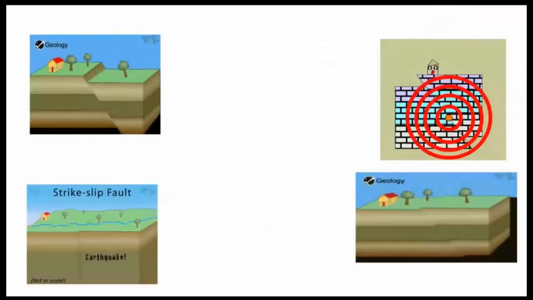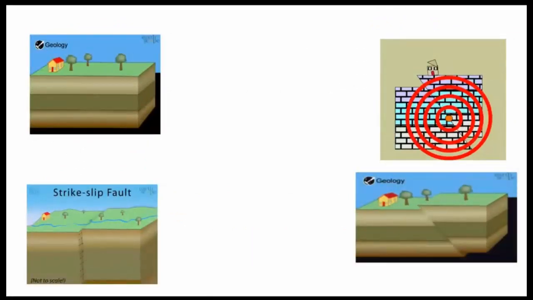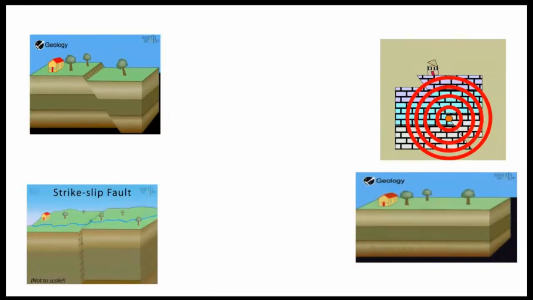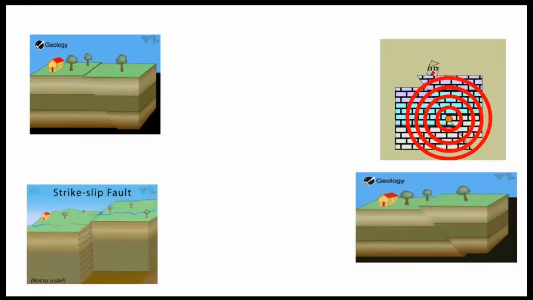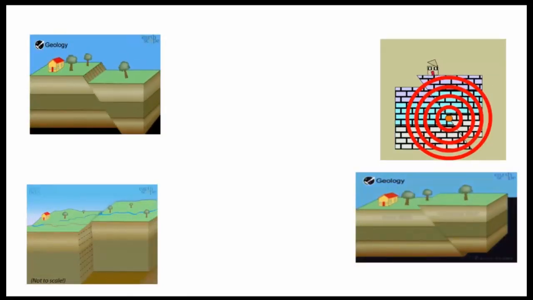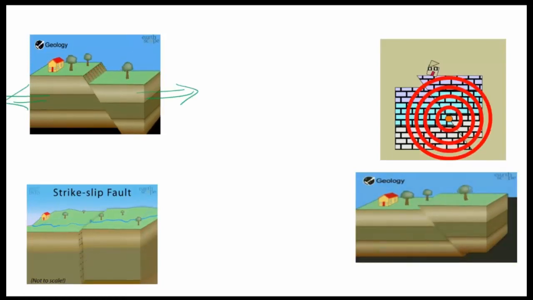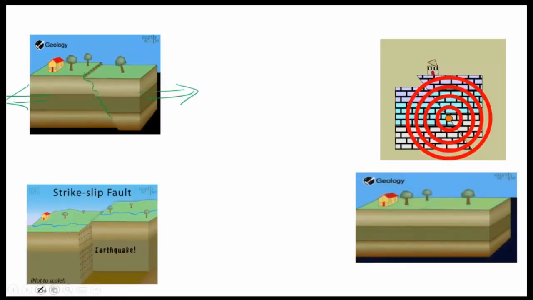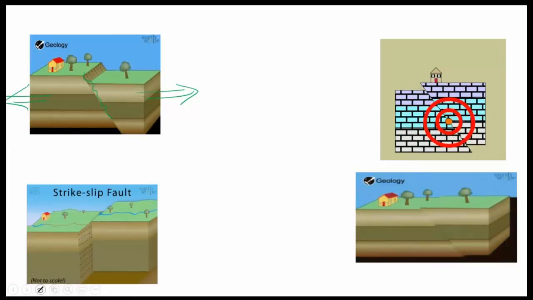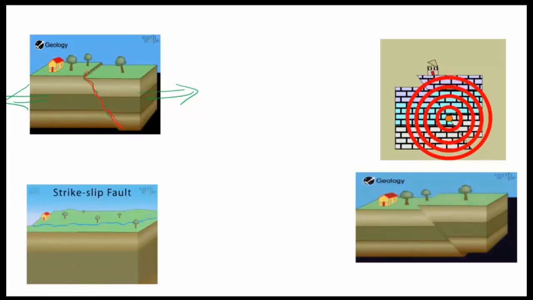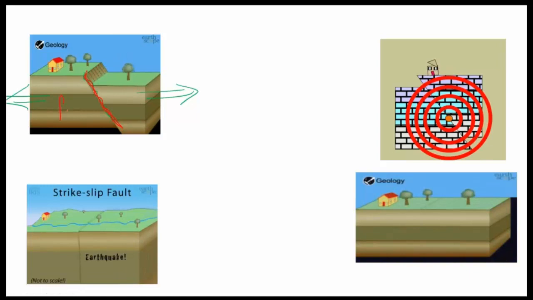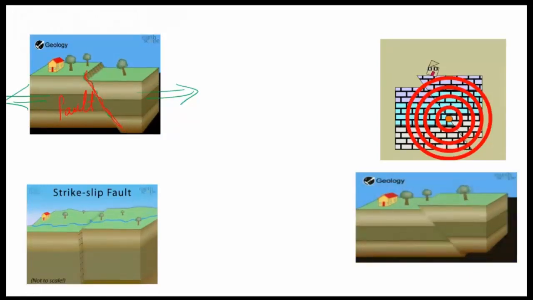So these are some animations that show you the slip of the rocks in different boundaries. If we have a divergent boundary, at a certain moment, the crack will start. And by the way, the crack that happens, we usually call it the fault, الصدع.